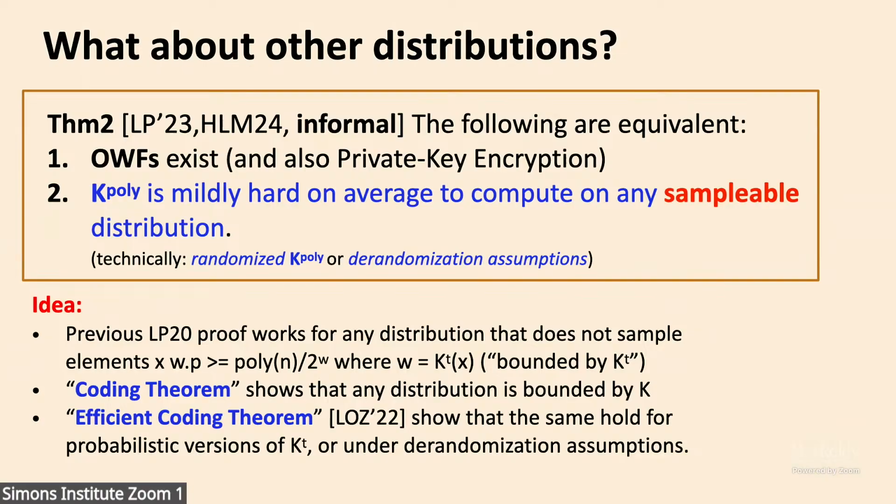Seems like a bizarre thing, but there is something called the coding theorem in Kolmogorov complexity that says that you cannot sample elements with probability larger than 2 to the minus their Kolmogorov complexity. And recently there were some more efficient versions of it that show that the same thing can be done also for time-bounded Kolmogorov complexity, at least if you allow randomized algorithms or use randomization. So these are the two steps going into it.